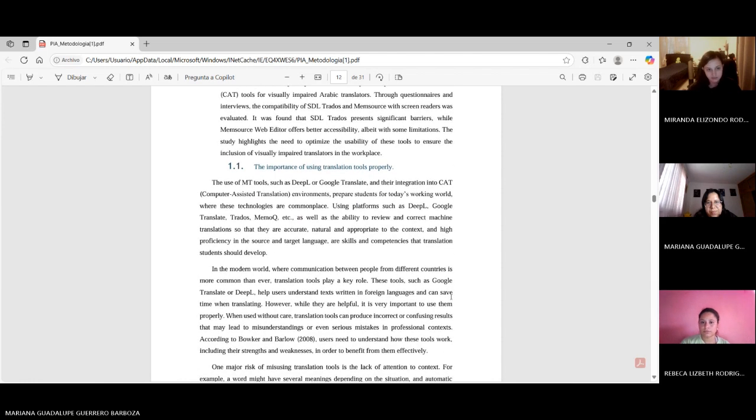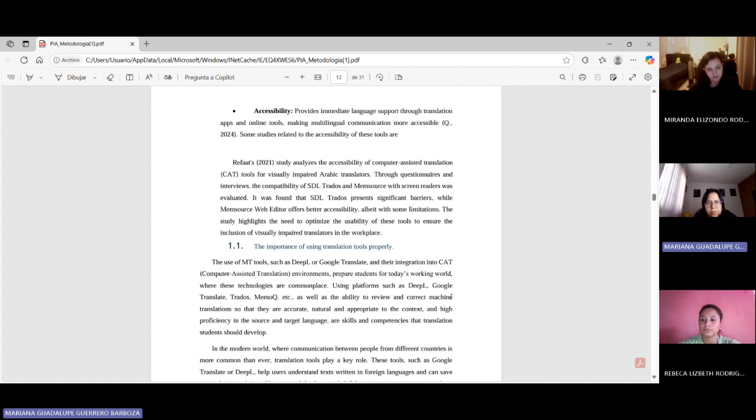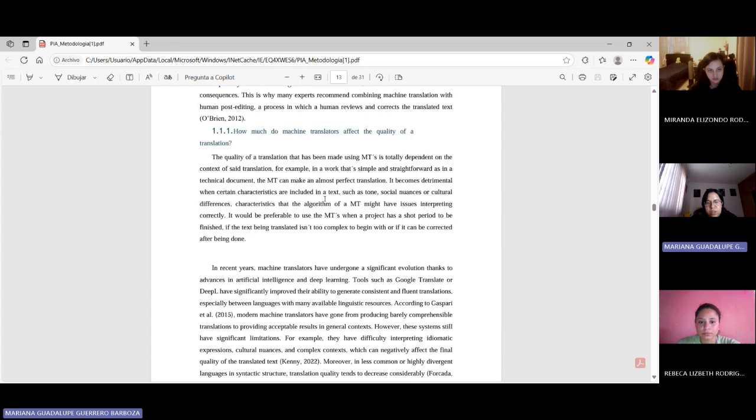The importance of using translation tools properly. How much do machine translators affect the quality of translation? Some students have a dependence on these machine tools or automatic translators and use them too much in the translations.